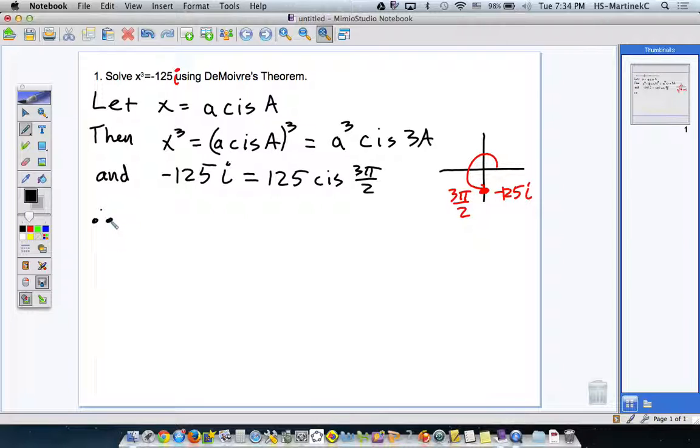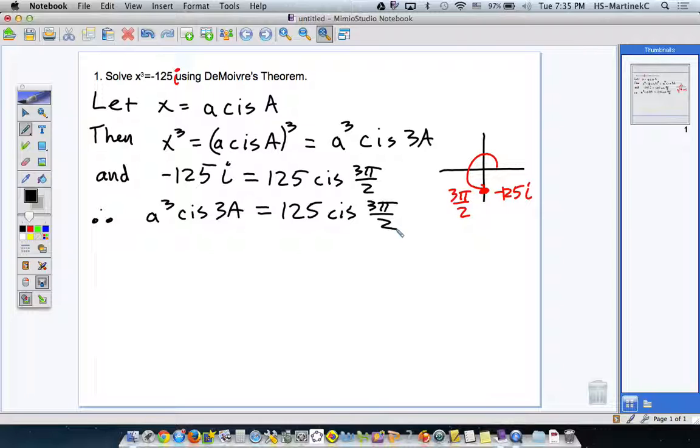Okay, well, we know x cubed equals negative 125i, so these two things have to be the same: a cubed cis 3A has to be the same as 125 cis 3 pi halves. So we have two numbers that are equal in polar form. Their magnitudes have to be equal, and their arguments have to be equal or some multiple of 2 pi apart.